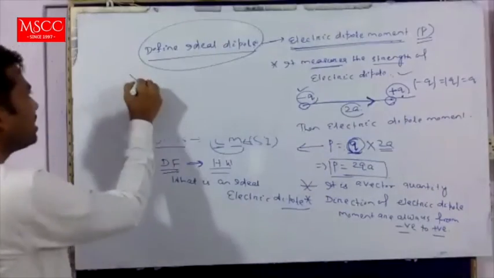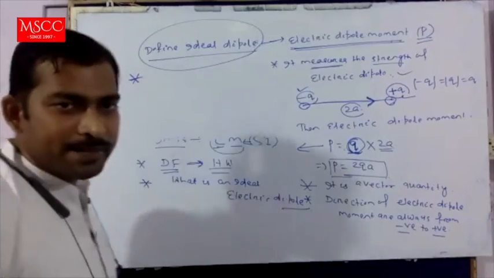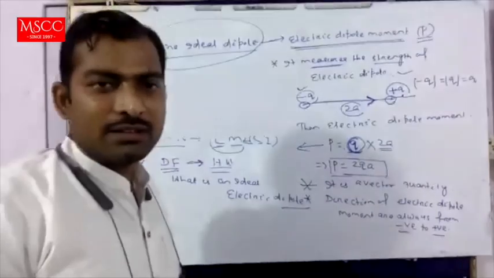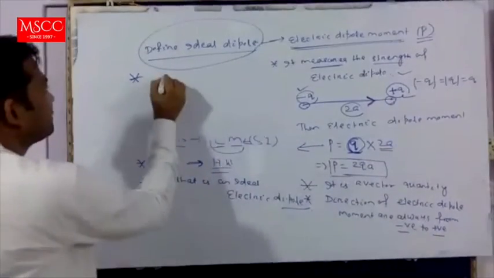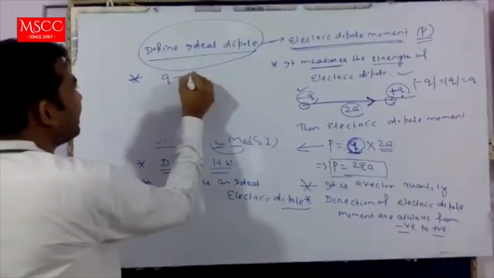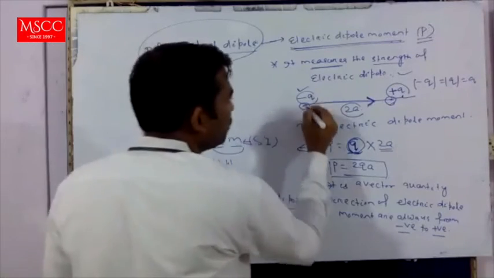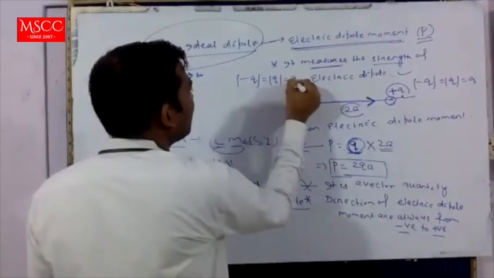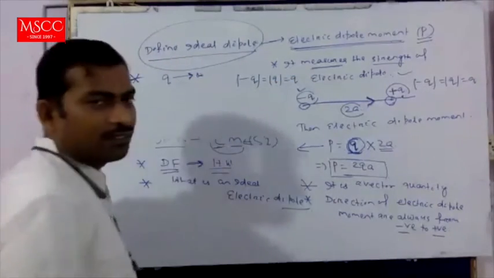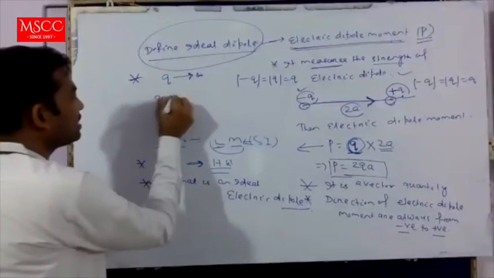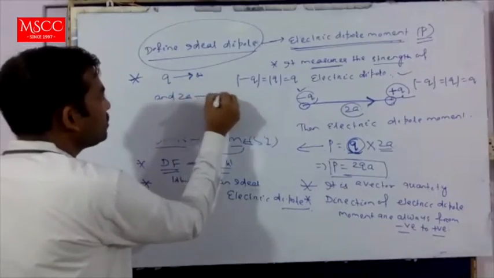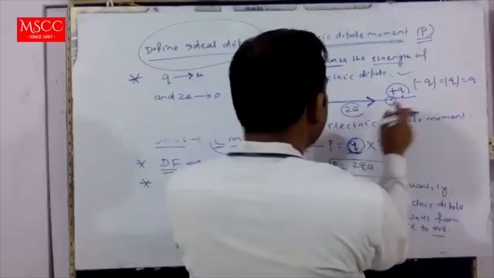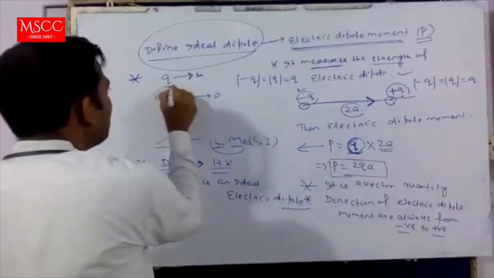There is a necessary condition for an ideal dipole, that is q tends to infinity and the distance of separation 2a tends to 0. Not exact 0, tends to 0, whereas q tends to infinity.